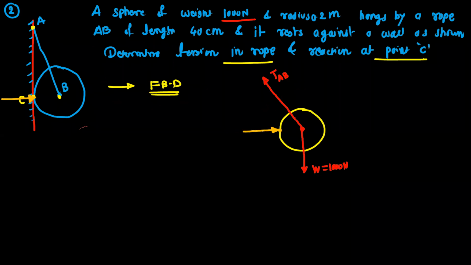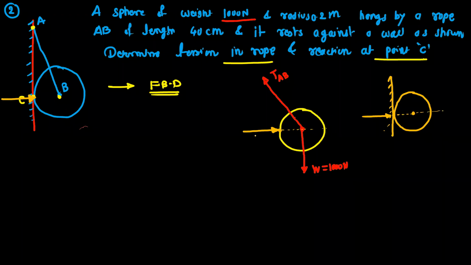Okay, and this reaction will exactly pass through the center point. Okay, so always remember, if you have the wall vertical or horizontal, and if the cylinder or a circle or sphere is in contact with the wall, okay, then the reaction offered by the wall, it will always pass through the center point.